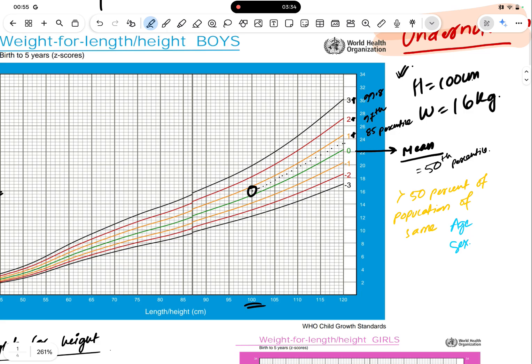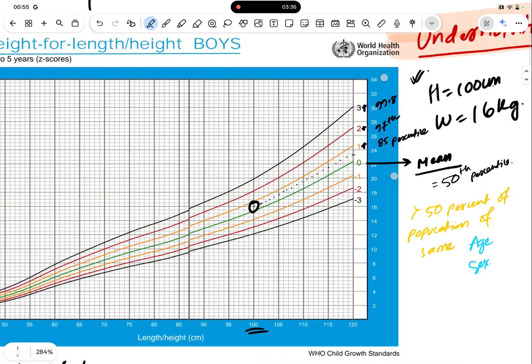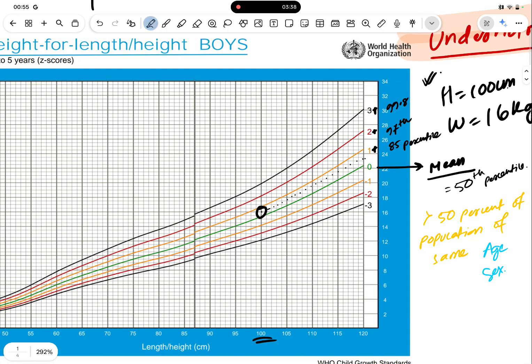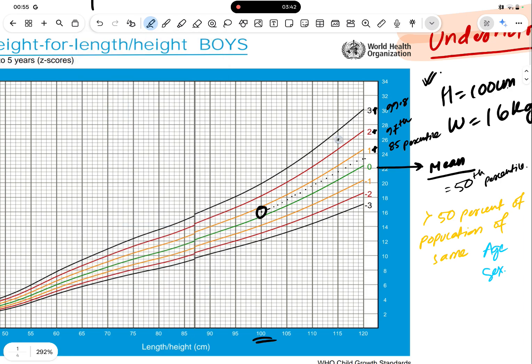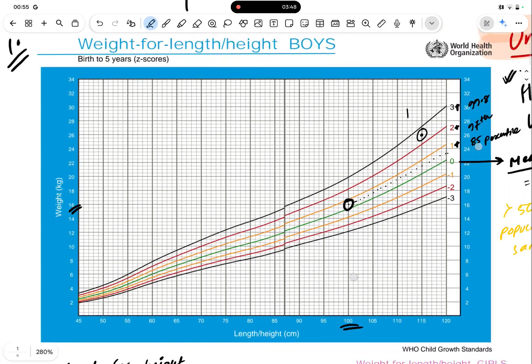Okay. So suppose another graph is falling between plus 2 and plus 3 standard deviation. Suppose the x coordinate is 115 and the y coordinate is 26. Suppose the height is 115 centimeter and weight is 26 kg.